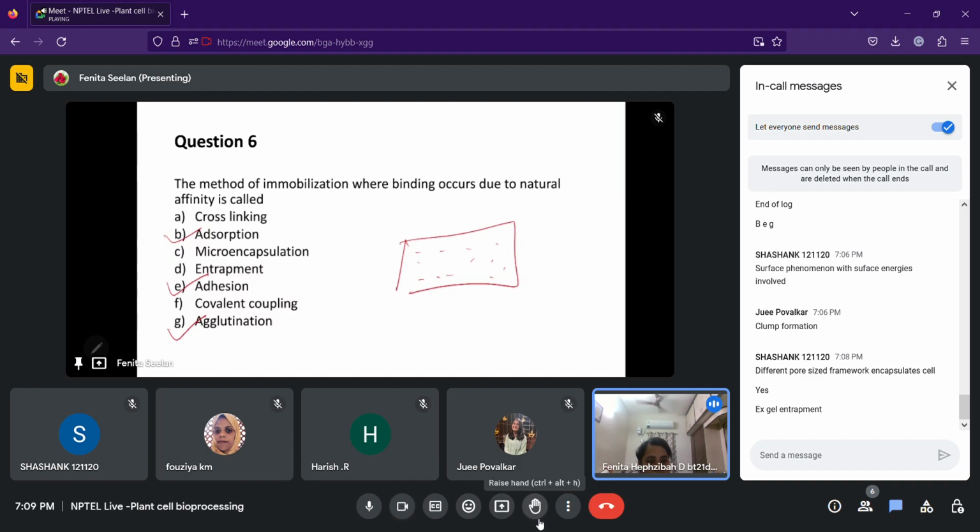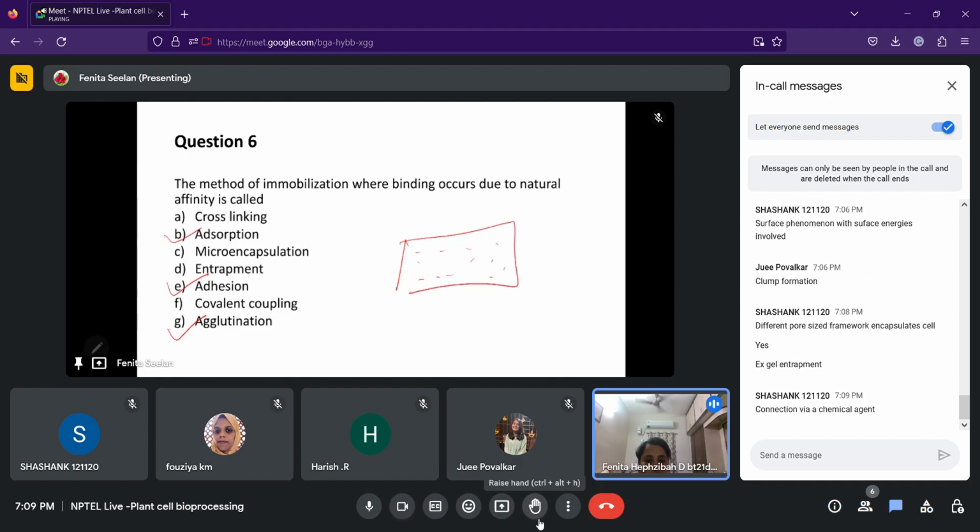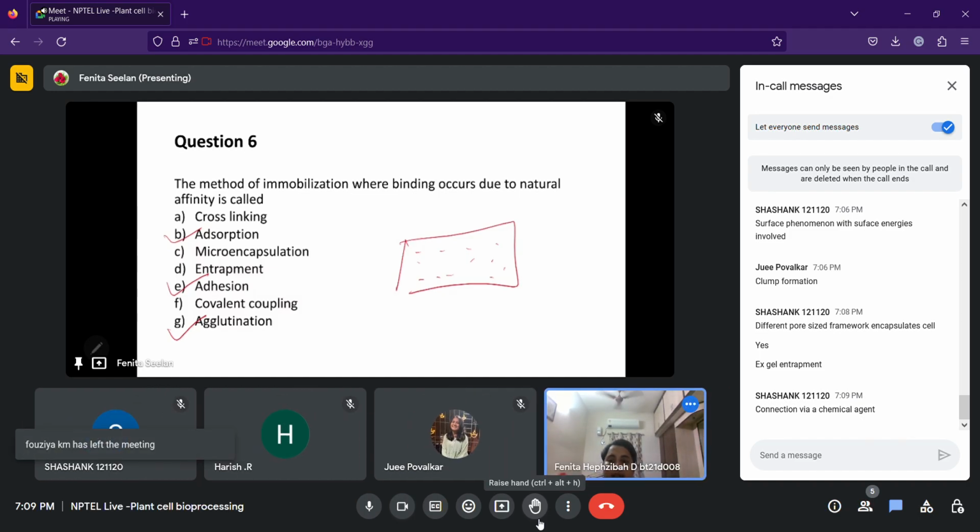These are all chemical processes, right? You are using specific reagents and making covalent or other bonds, a connection via chemical agents. These are based on gelling polymers, and chemical reagents are used to cause cross-linking bridges inside, so your cells get entrapped inside.